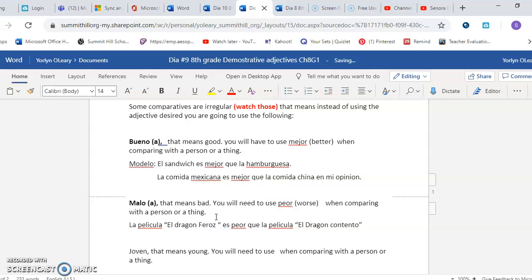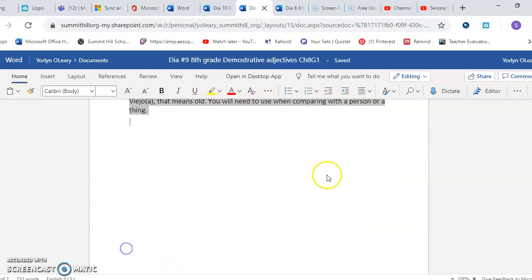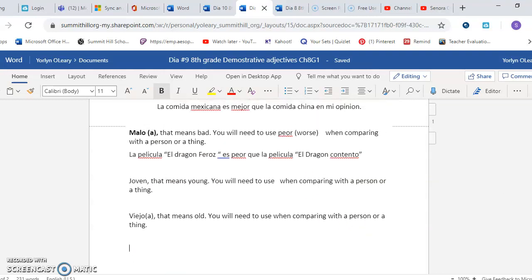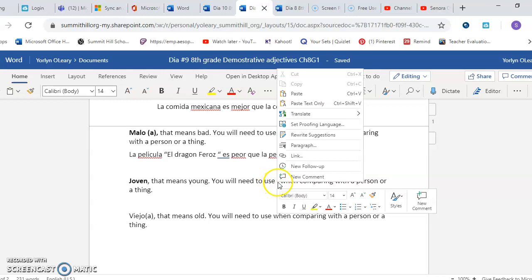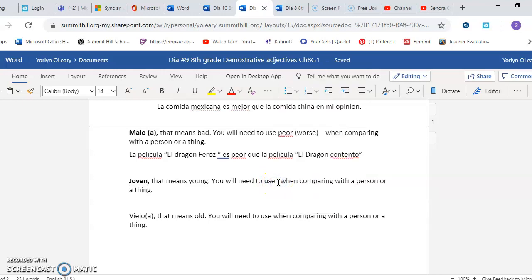All right. Next one. Another adjective that is irregular. One more. This one, joven. I know that joven means young. We don't say young. You don't compare it using young. You will then need to use this word if you're trying to compare someone and say, oh, he's younger than.